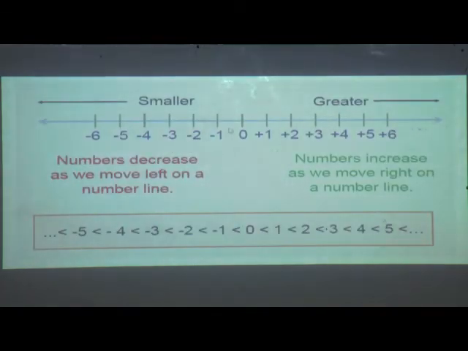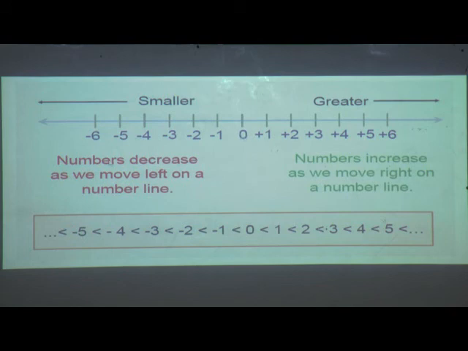You can see here, this is the 0, so as we move towards the right from 0, we have positive numbers and the numbers go on increasing. The numbers are greater as we move towards the right. The numbers increase as we move right on a number line.